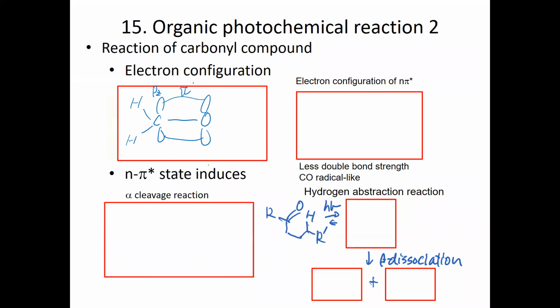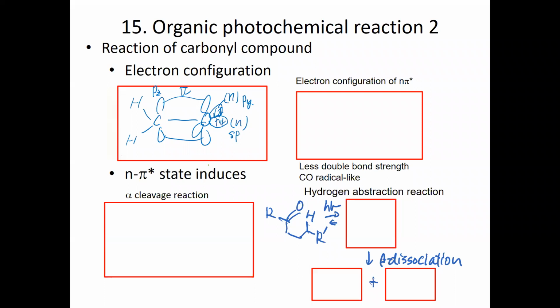And the important point is that we also have non-bonding orbitals. On the oxygen side there are two non-bonding orbitals, one from the sp orbital and one from the py orbital.